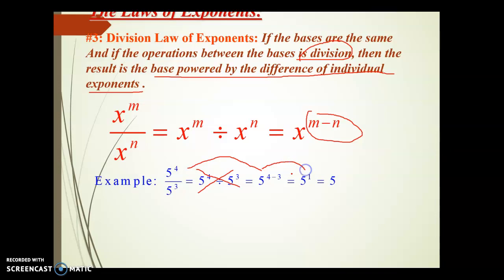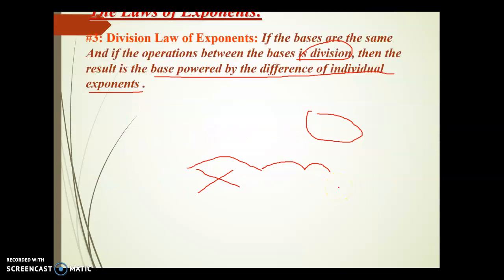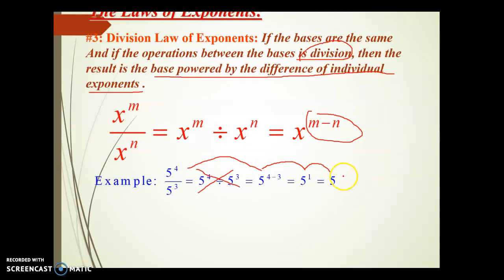And then simplify, and express it as a number. Sir, why is it that 1 is not written here? Again, if the exponent is 1, you don't have to write it anymore. But if the exponent is 0, 2, 3, 4, then you have to write it. But if it's 1, you may not write it.